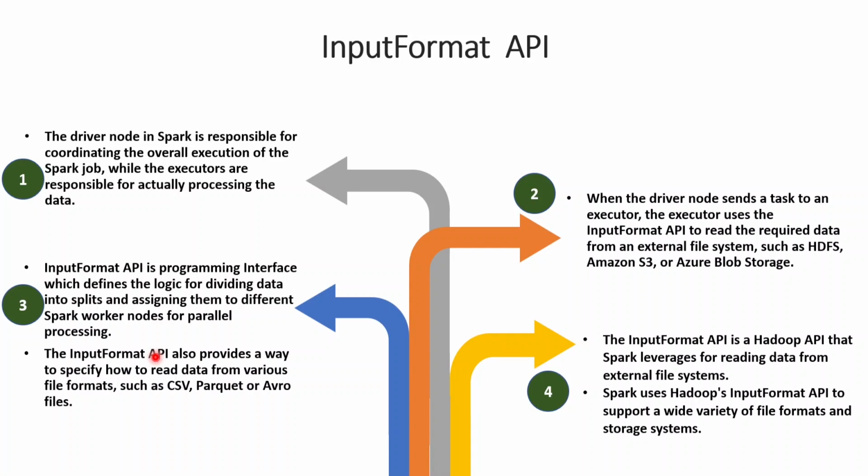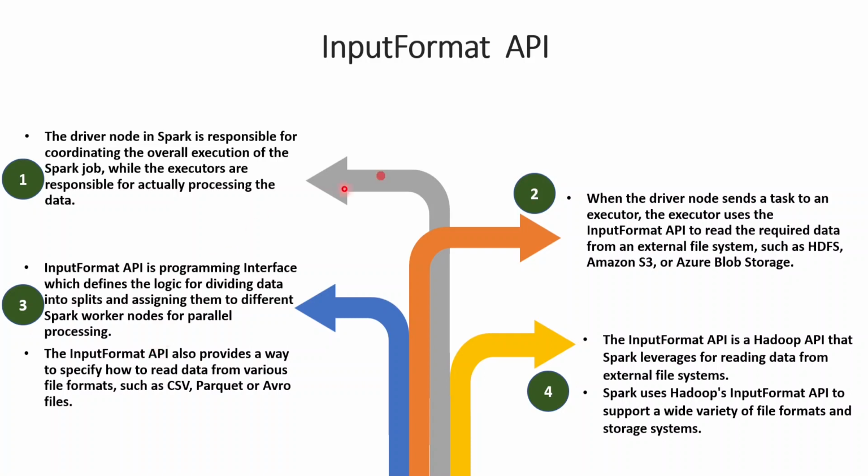For example, when we are reading a CSV file, it should be treated in a different way. When we are reading a JSON file, it should be treated differently, because the internal format is different for different file formats. So our component, the input format API, should be able to understand a CSV file, Parquet file, or JSON file.